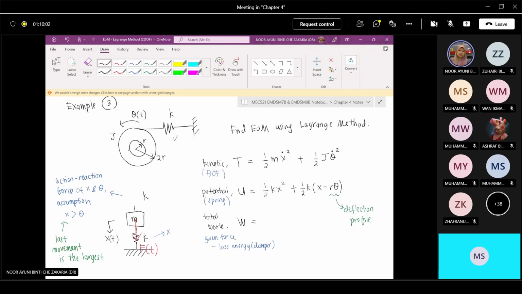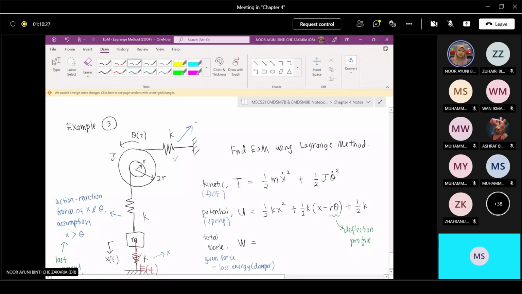Wih, semua hilang. So dia dekat radius arc, so you get arc theta. Satu lagi last 1/2 K. Looking at this one, this particular K, this particular potential is related to arc theta.